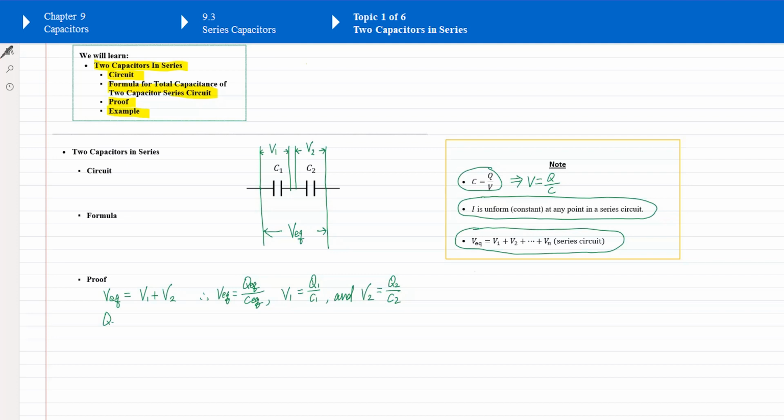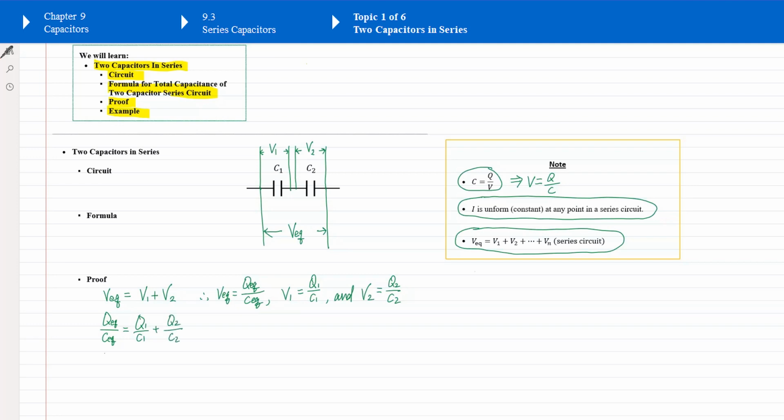So we can replace VEQ by QEQ over CEQ, replace V1 by Q1 over C1, and replace V2 by Q2 over C2.